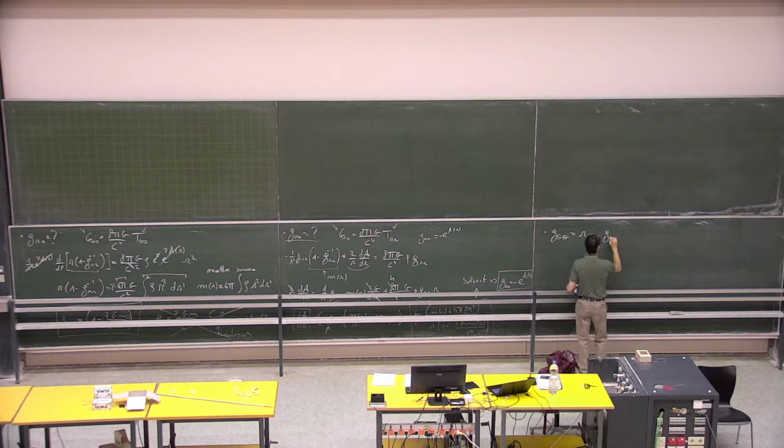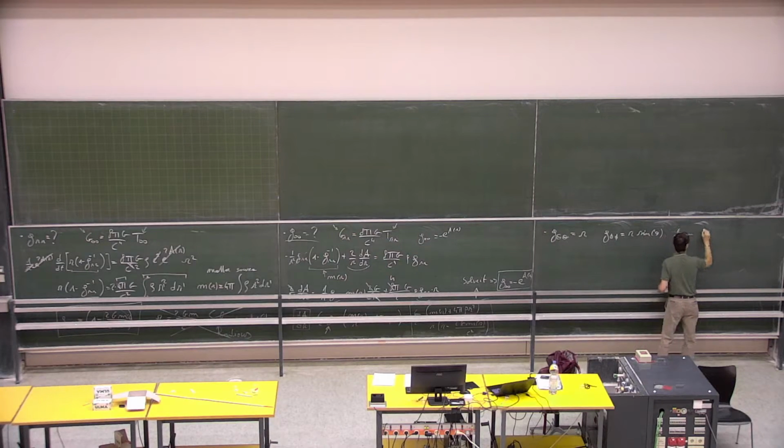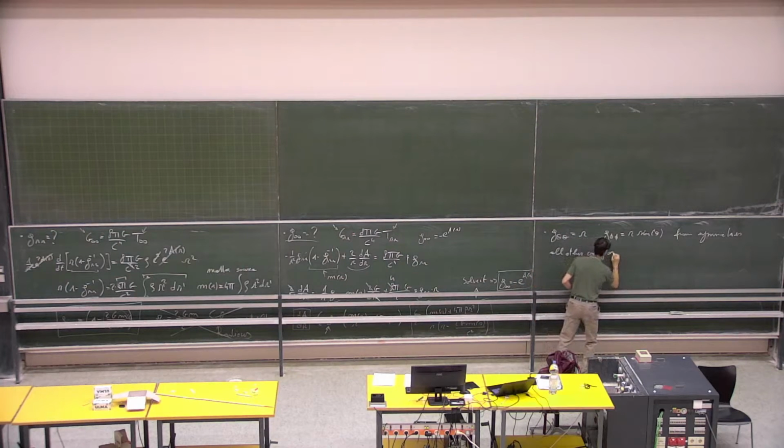And G phi phi is equal to R squared sine squared of theta. This is coming from the symmetries. As well as all other components of G mu nu are equal to 0. Again, this was from the symmetries.